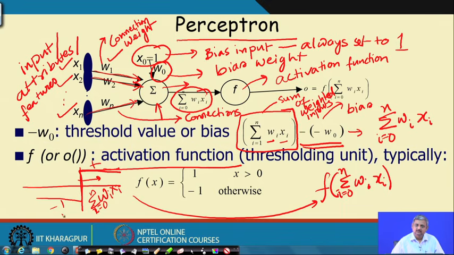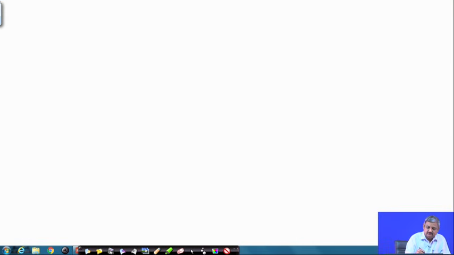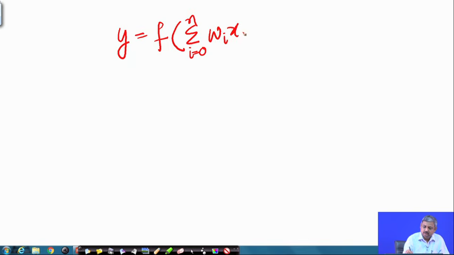This particular form has a special significance. I will explain what the significance is. The significance is like this. Let me call the output as, in fact, let me write it this way.